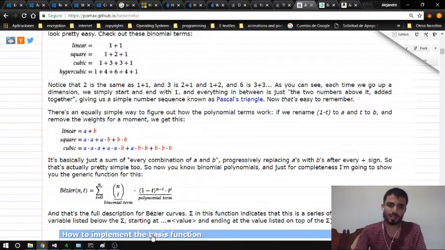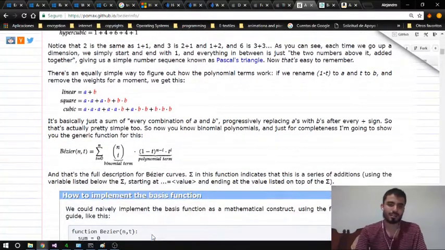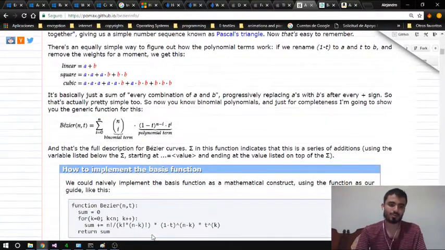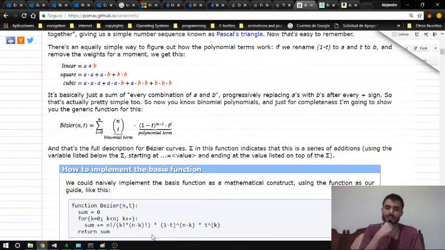I think it's really cool how the Bezier curve is used in loading TTFs, and how the TTF is defined based on Bezier curves.